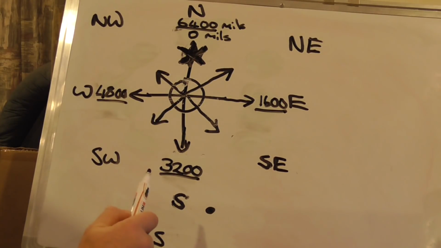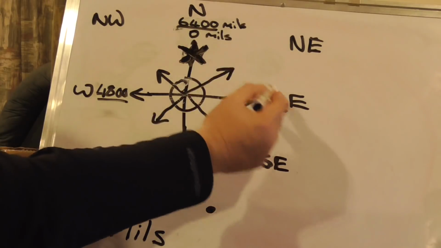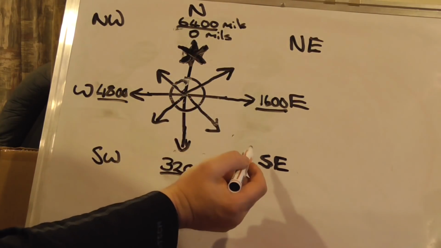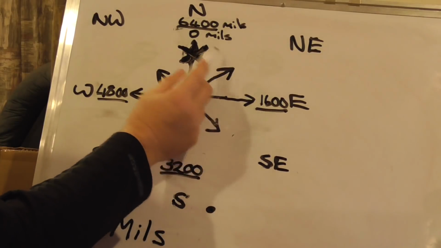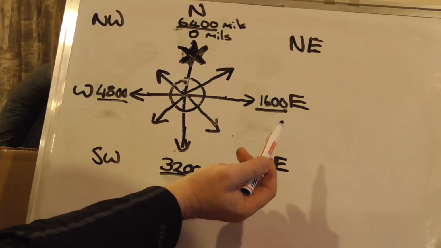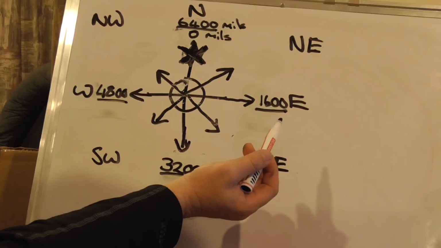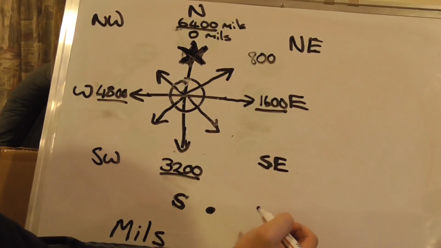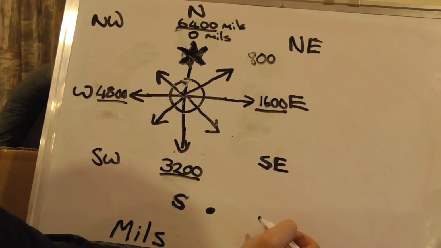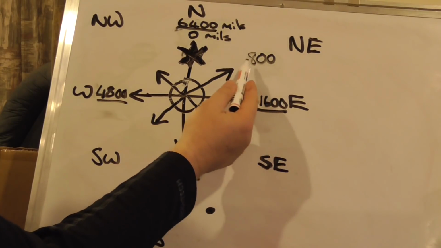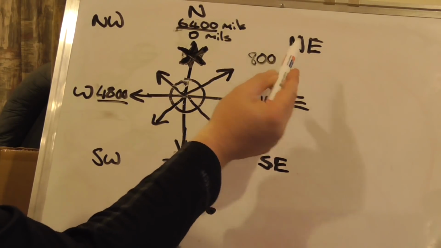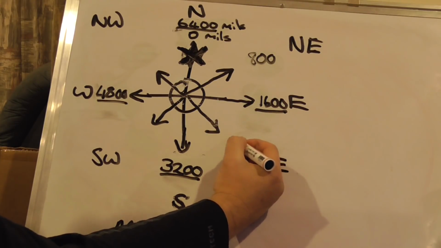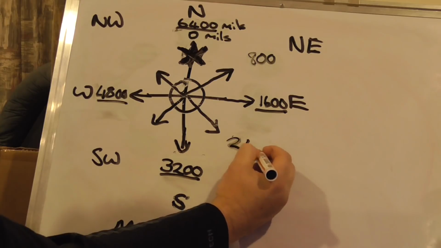And so obviously I'm not going to do all of them, but in between 0 and 1600 would be the middle of that, which in this case would be 800 mils. Okay, I don't want to do all my math. Well, it's simple really. If 800 mils is northeast, another 800 on here would be 2,400.